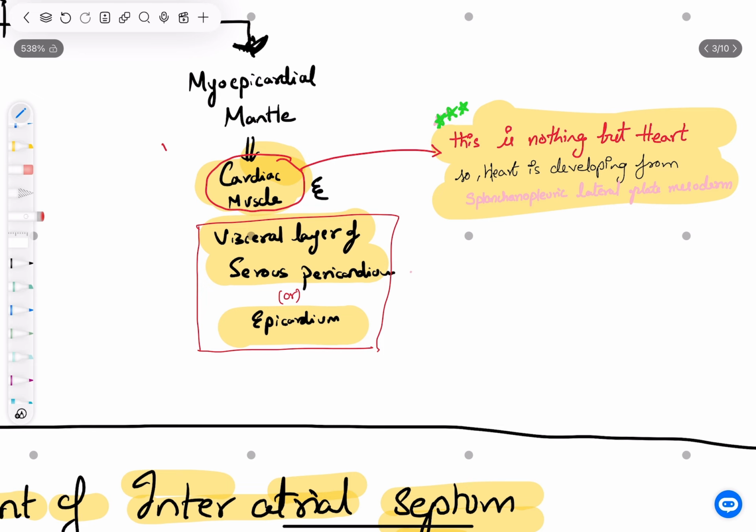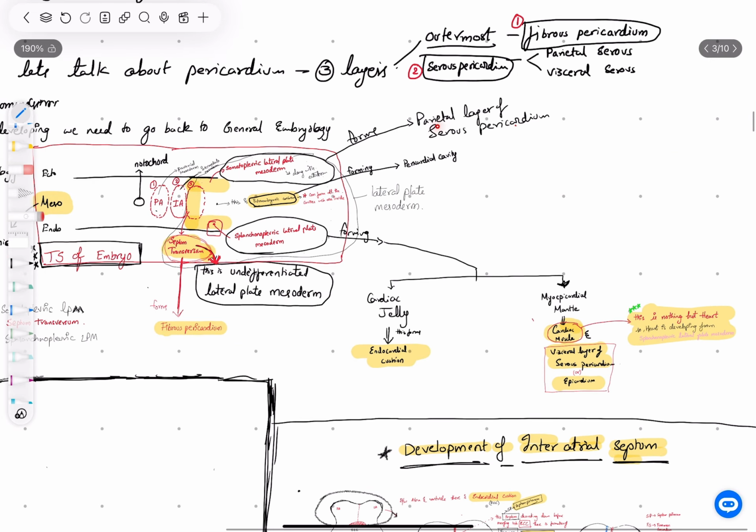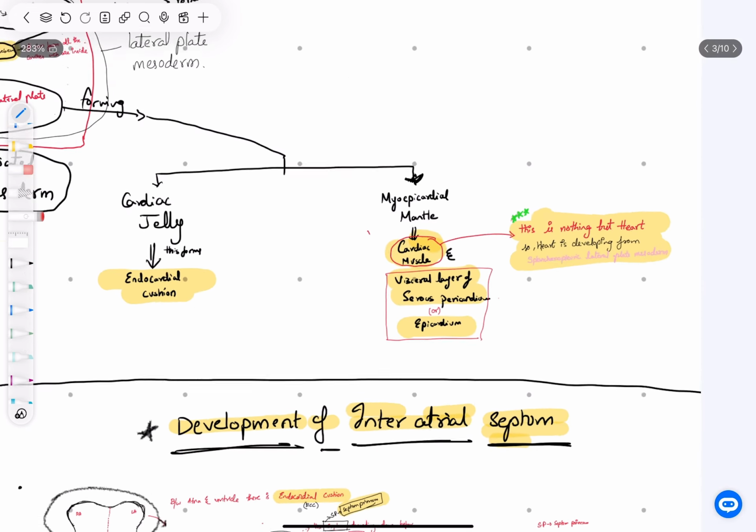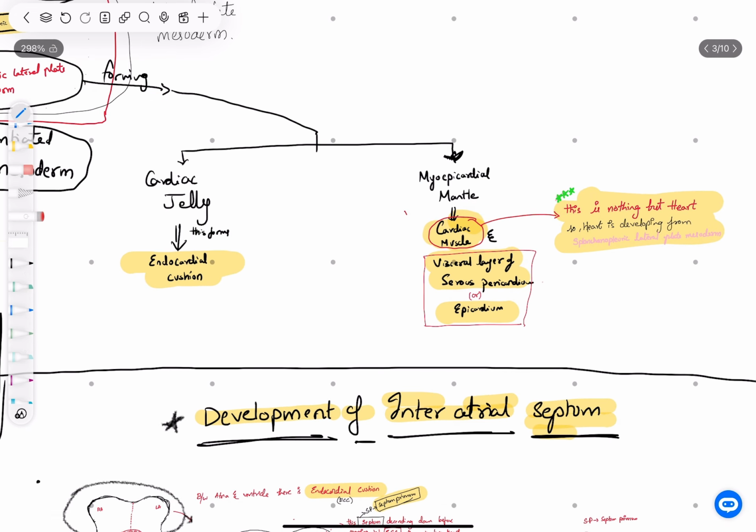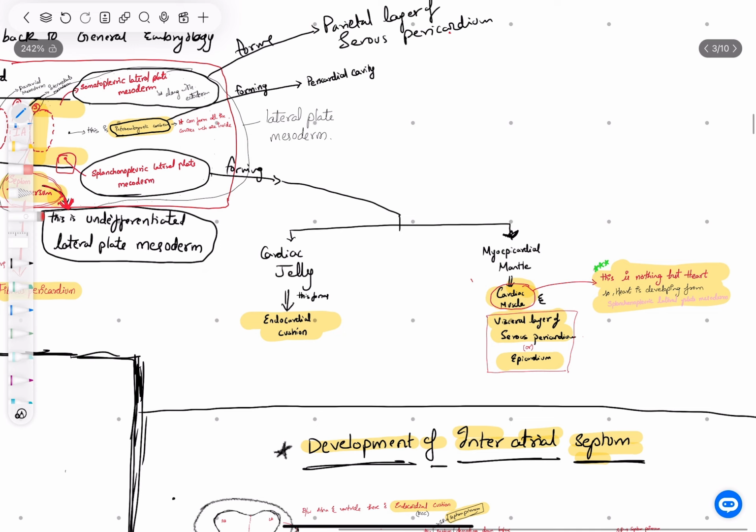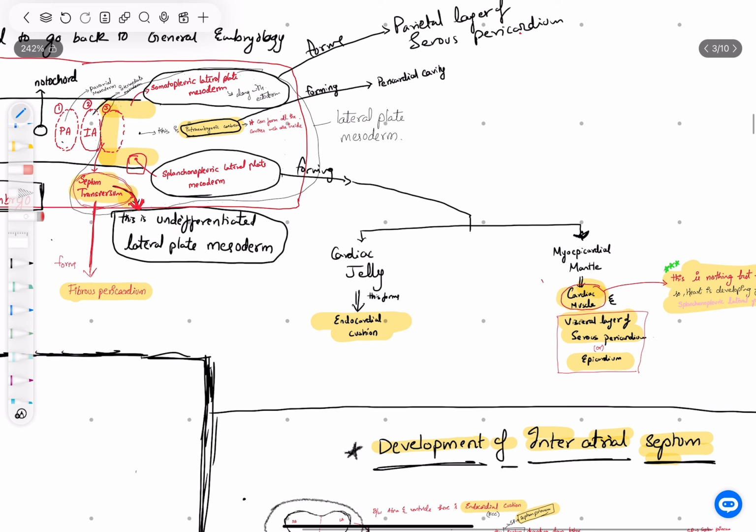So we covered all the pericardial layers. The parietal layer of serous pericardium is formed by somatopleuric lateral plate mesoderm, and the visceral layer of serous pericardium is formed by splanchnopleuric lateral plate mesoderm, and in between them there is the septum transversum, which forms fibrous pericardium.